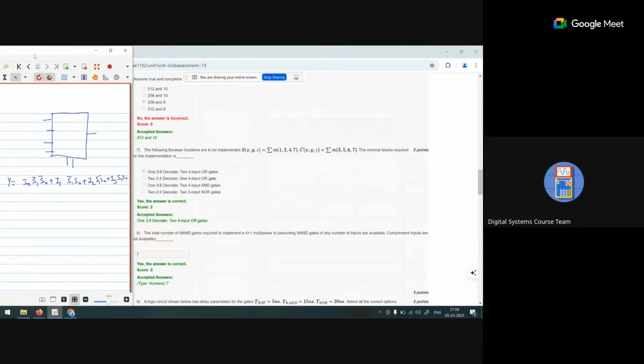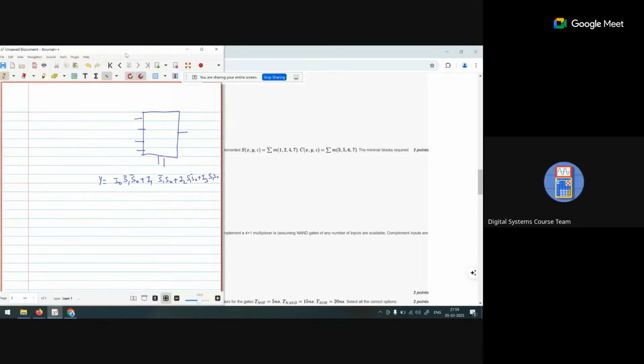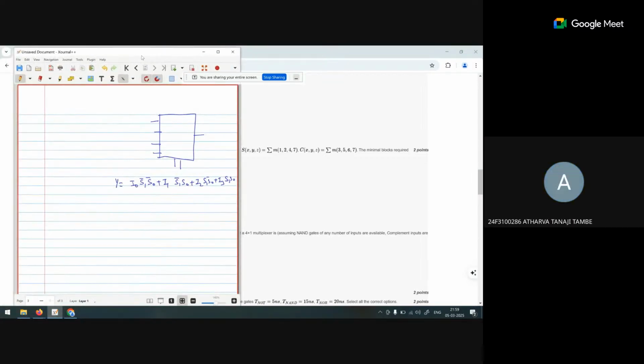Can you implement this one with the help of NAND gates? Yeah, I didn't get it, sir, actually. Your 4x1 mux is this one. This is the equation of your 4x1. Now you have to implement it with NAND gates.